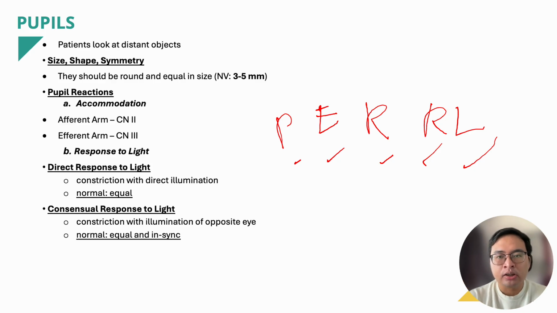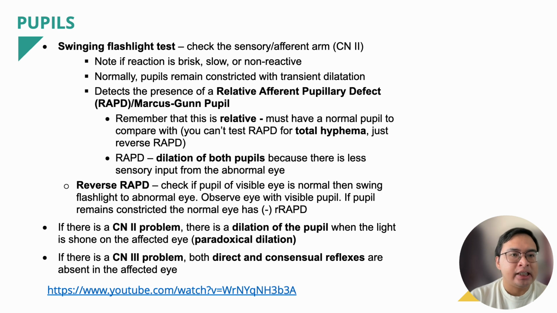Okay? So, how do you do the swinging flashlight test? Here. First you shine a light to one eye, then you swing it to the other eye, and do it again. Okay? And of course, you should look at one eye at a time. You should look for that direct response to light in the right eye, and then the consensual response.